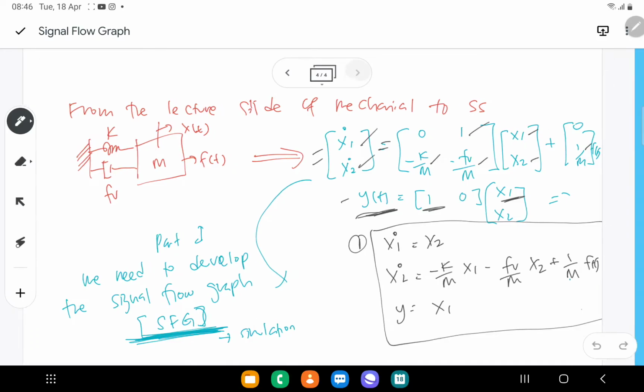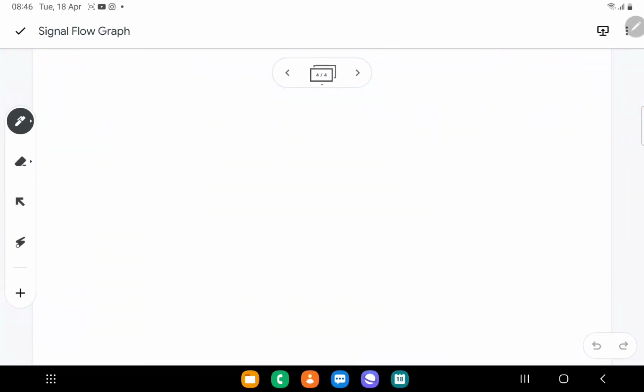So next, I write it down again in here, so it is easier to refer to: x2 dot equal to negative k over m x1 minus fv over m x2 plus 1 over m u, and y equal to x1.